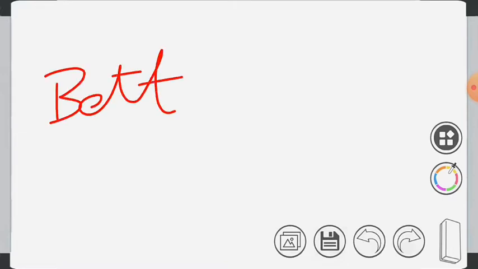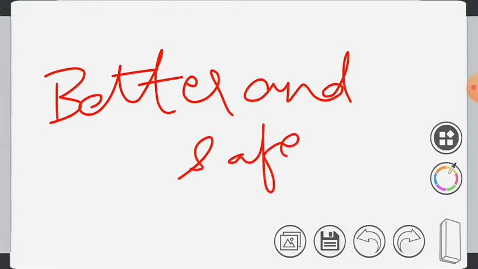So they like the idea of dealing through the bank on a regular basis, which would be better and safer when compared to a cash transaction.